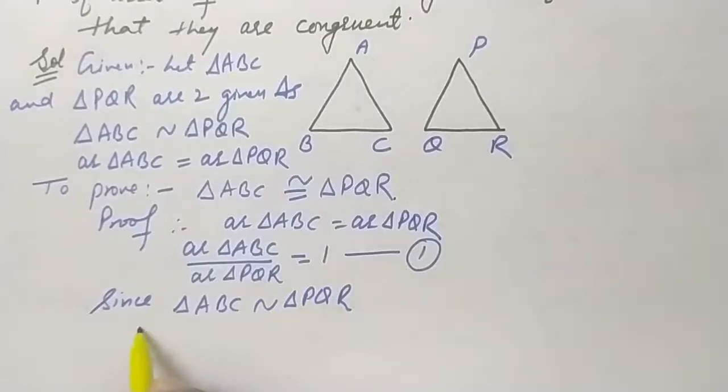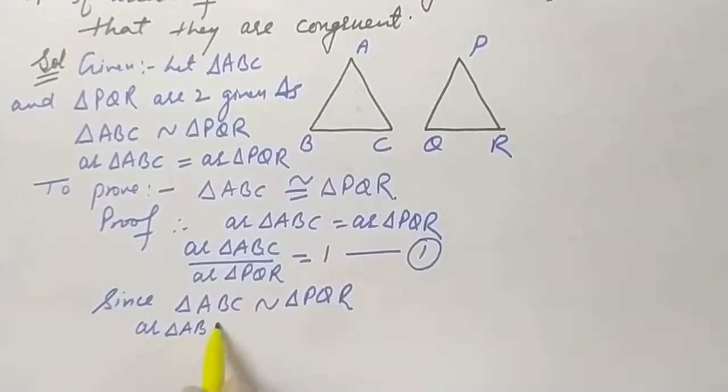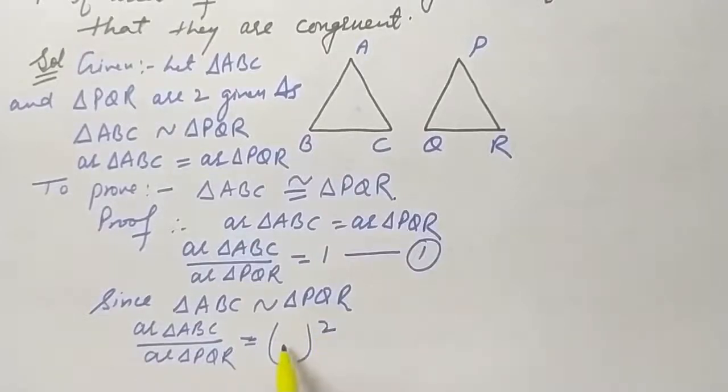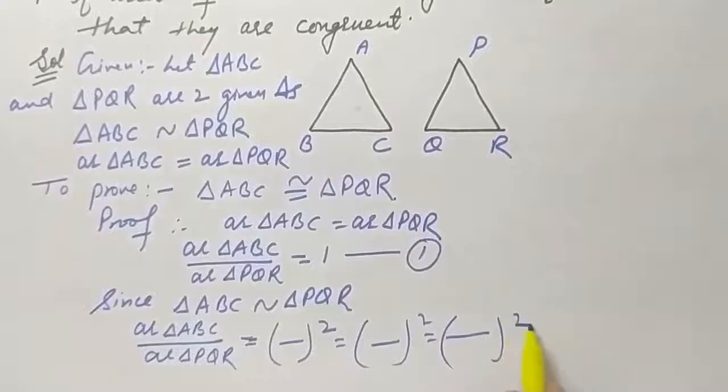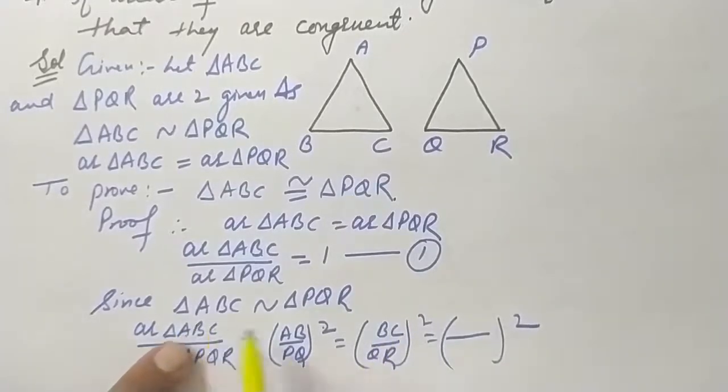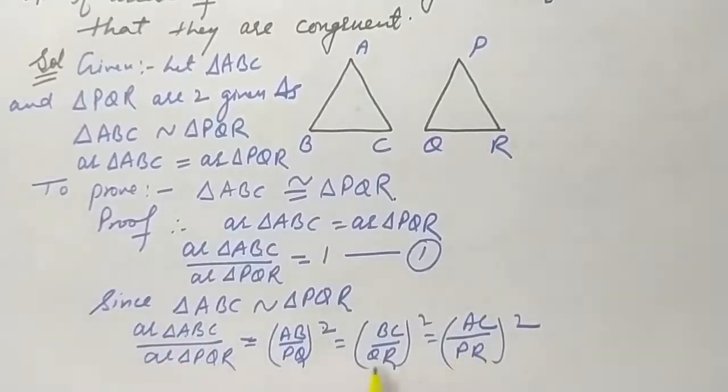So area of triangle ABC over area of triangle PQR will be equal to the square of the ratio of their corresponding sides. Suppose I am taking AB, so it will be PQ. If I am taking BC, the corresponding side of BC is QR. Suppose I am taking AC, then the corresponding side to AC is PR. So this we have also studied.